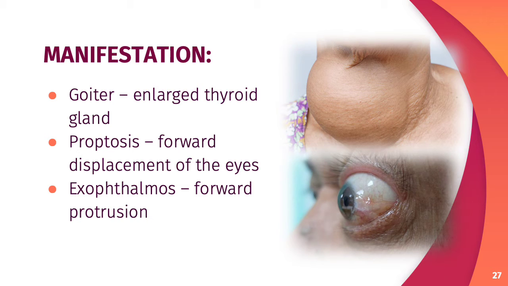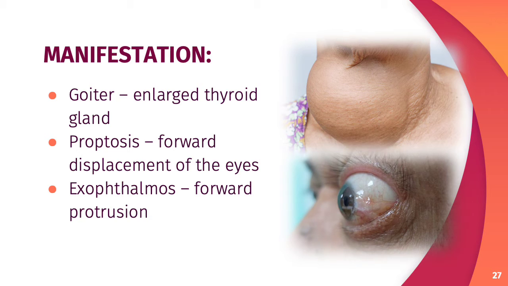Now, the common ophthalmology of Graves' disease is the proptosis, and there are also visual dysfunctions. So exophthalmos can also result from an accumulation of inflammation byproducts in the retroorbital tissue.